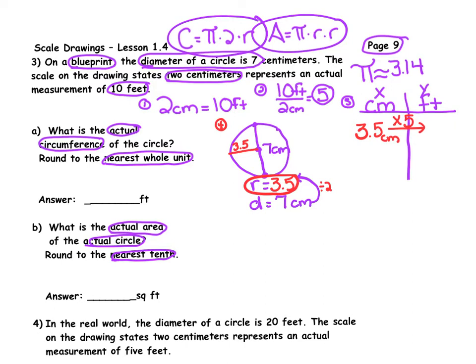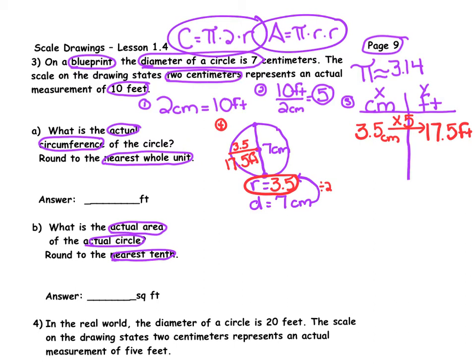Use your phone or a calculator. You should have gotten 17.5 feet. That is the radius of the actual circle.